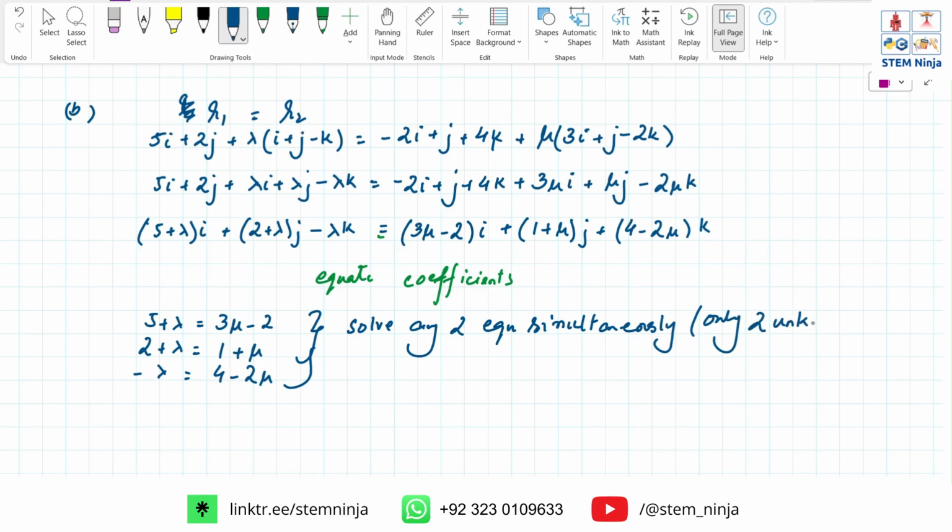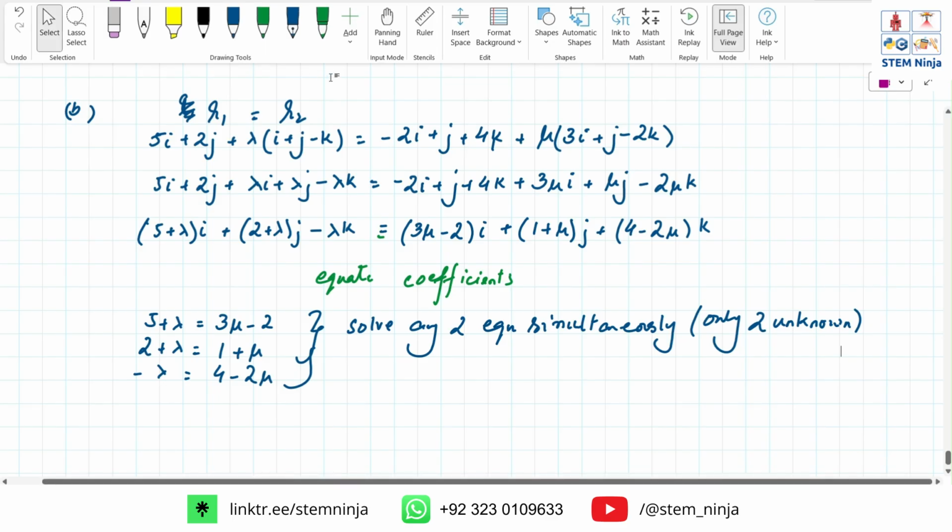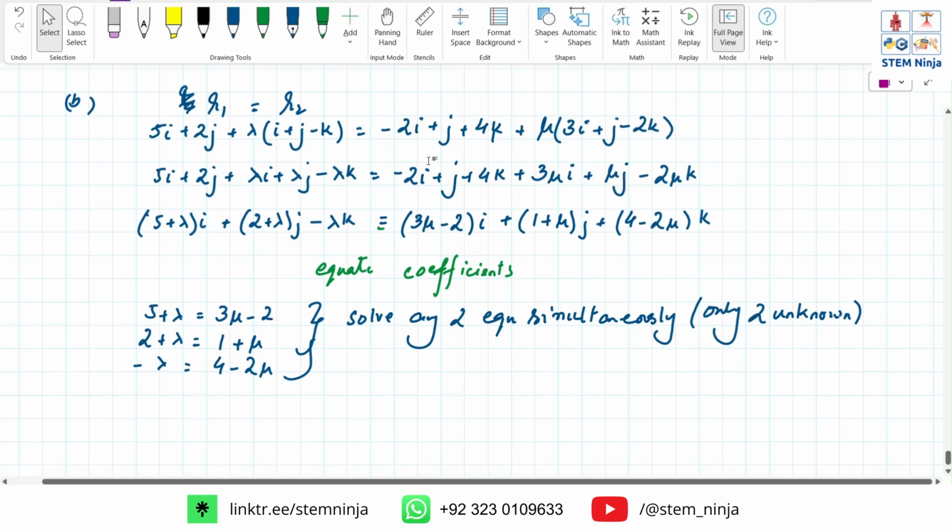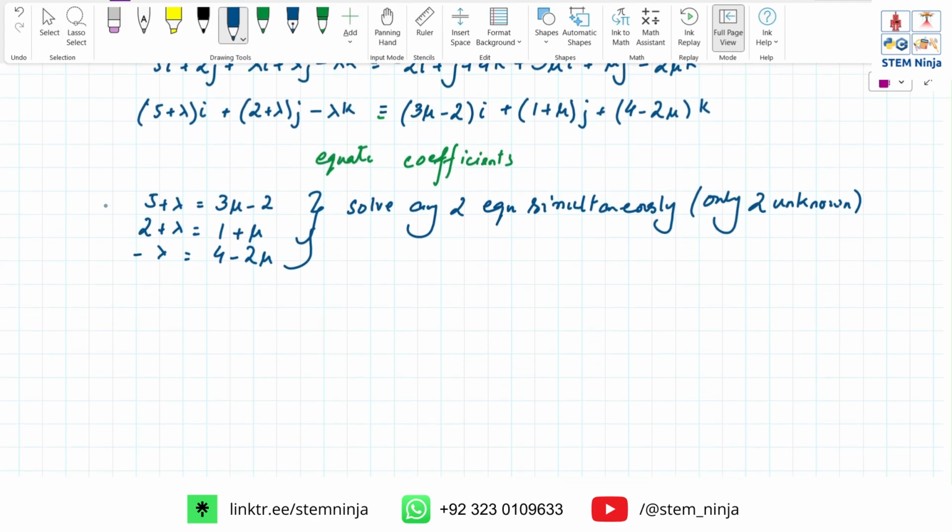So we have only two unknowns, so we just need two equations. The third one we will keep for finding the k component or z component. Since we know that these lines are intersecting, the lambda and the mu values that we'll get will be satisfying all three of these equations.